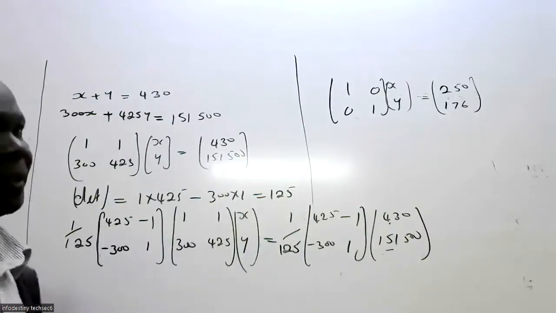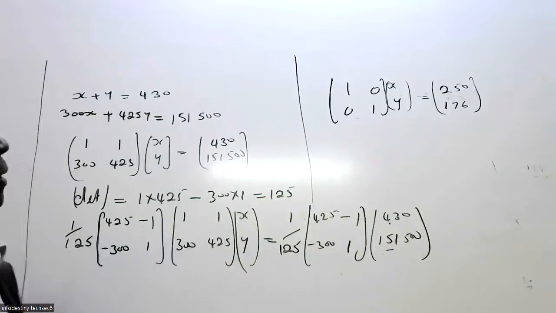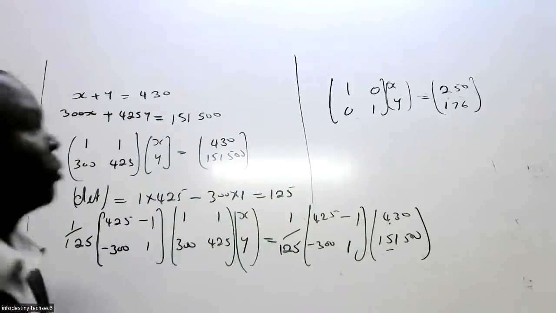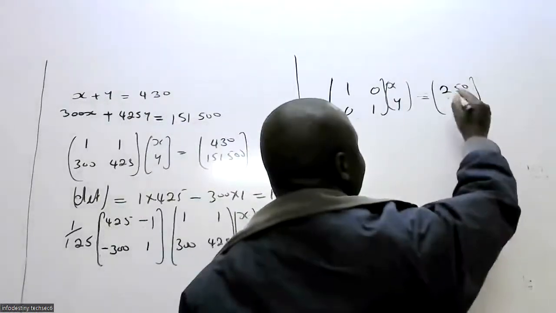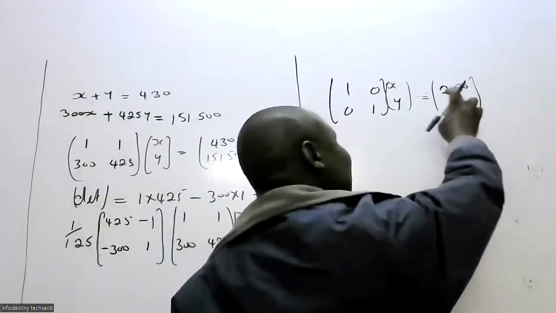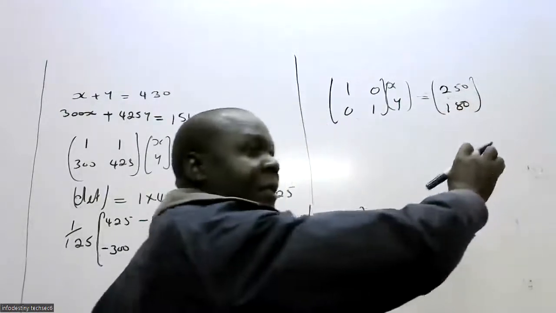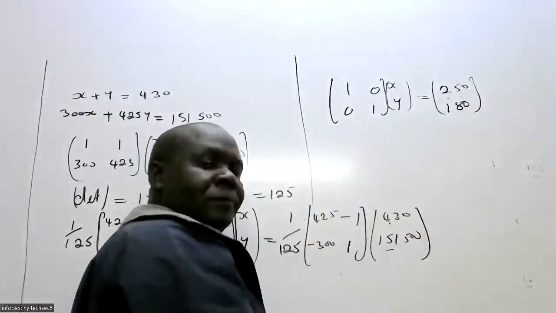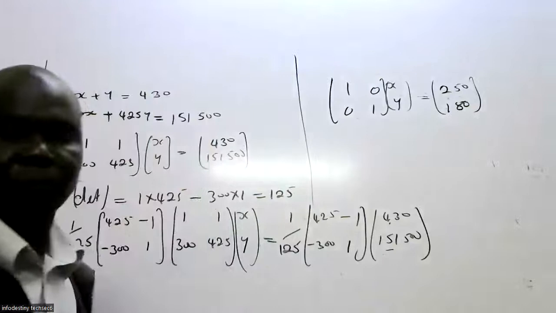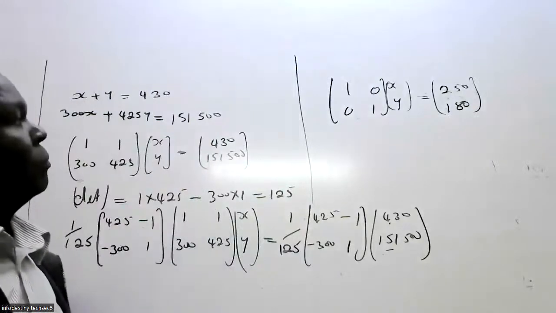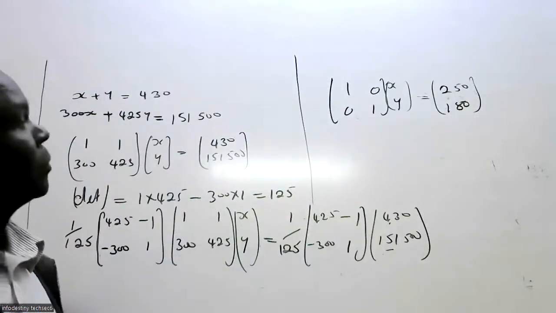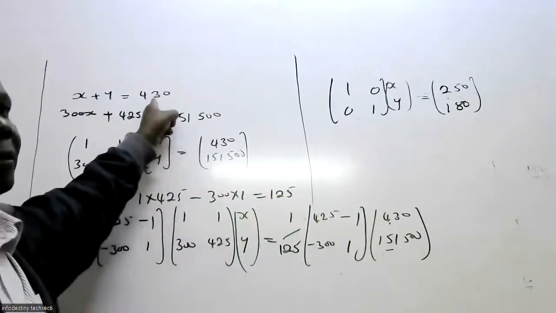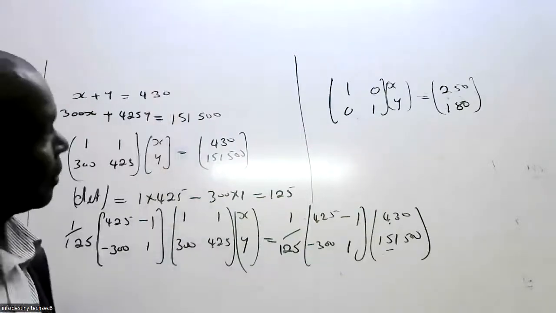Then divide by this. That's what we calculate. 180. Okay. When you take this one plus this, how much does it give you? This is it. Okay.